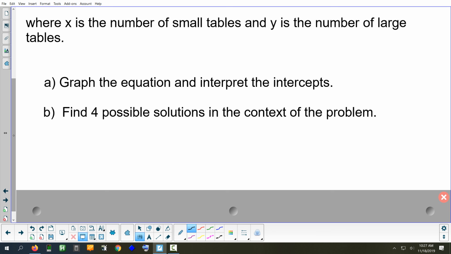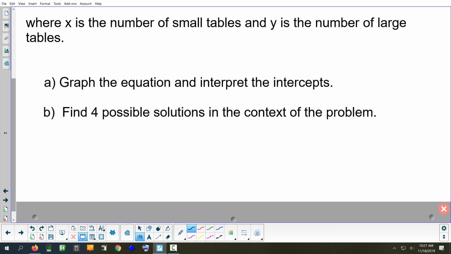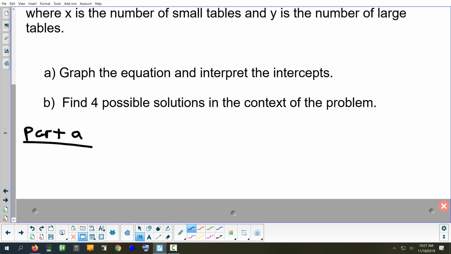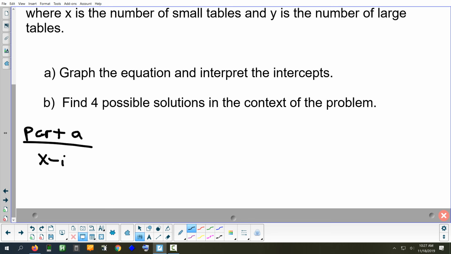Okay, Olivia, if I want to graph that, how do I find the x-intercept? Would you plug in a 0? For what? For y.